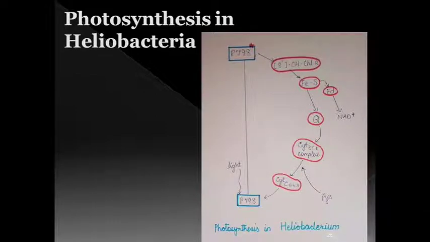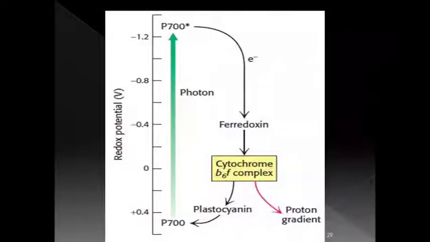The photosystem operated in these bacteria is P798. We can very nicely observe that there is cyclic photophosphorylation in Heliobacterium. This is the cyclic photophosphorylation.